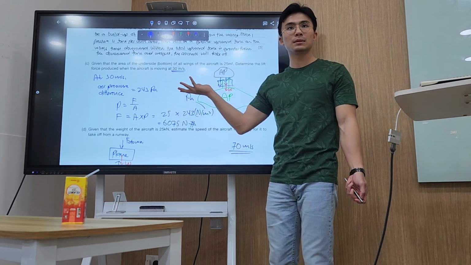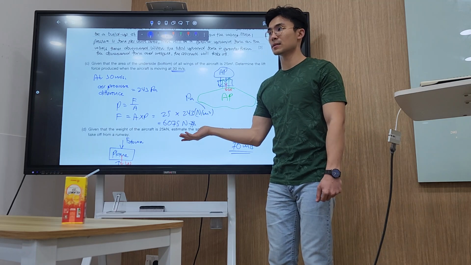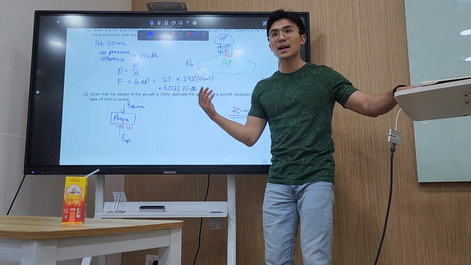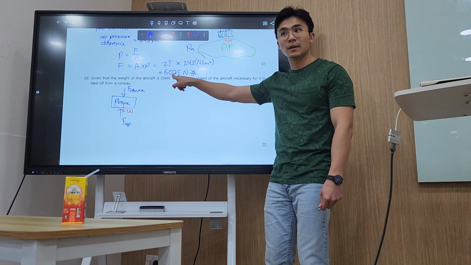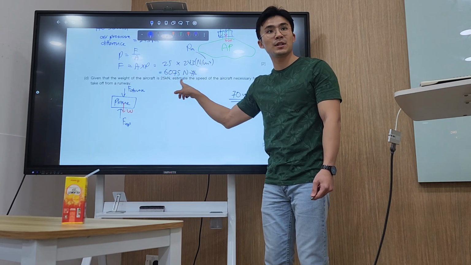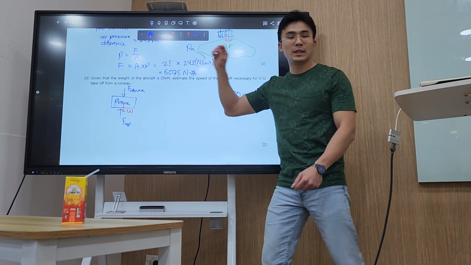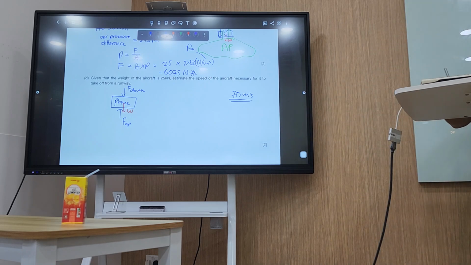I'm too slow. I need to go faster, because the faster I go, the higher this value will become, because this is based on pressure difference. Difference in force is related to difference in pressure, which is related to the velocity of the plane.